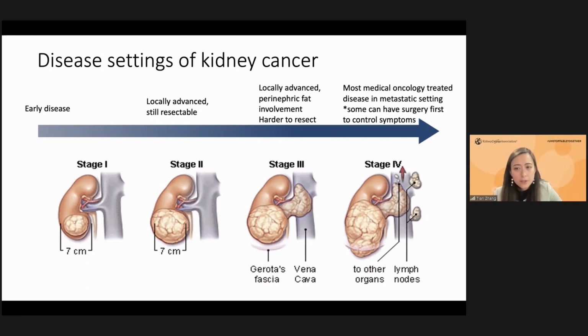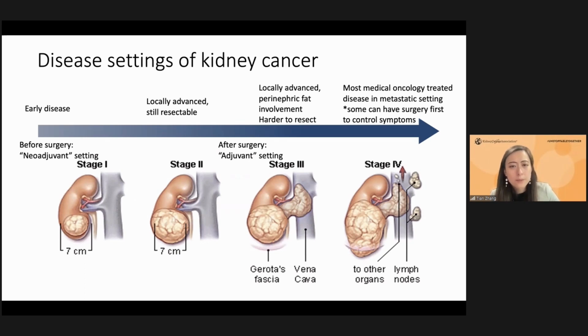And then what about stage 4? This is something that we unfortunately see a lot of in kidney cancer. Most medical oncologists will treat stage 4 kidney cancer in the metastatic setting, where it's spread to lymph nodes or other sites. Some patients can have surgery first to control symptoms if needed in the local areas.